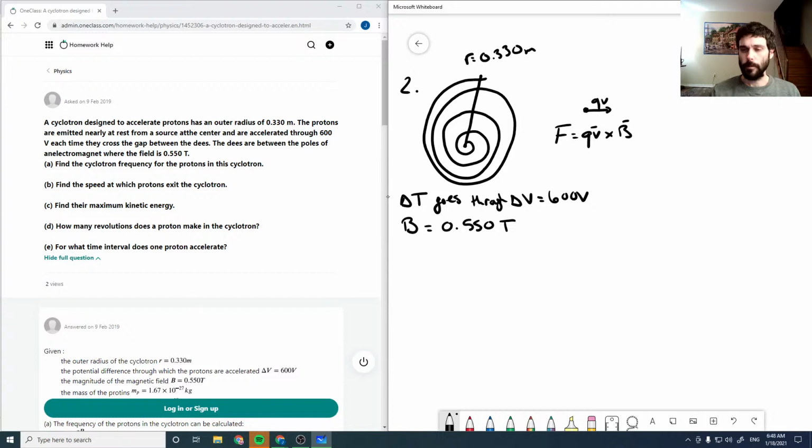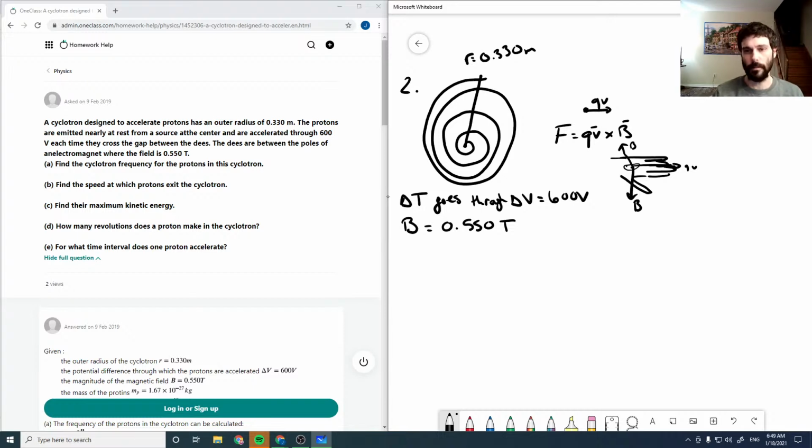Put our fingers in the direction of QV, our palm in the direction of the B field, and then our thumb points in the direction of the force. So that's what's giving us our circular motion.